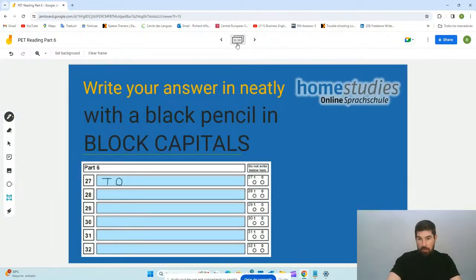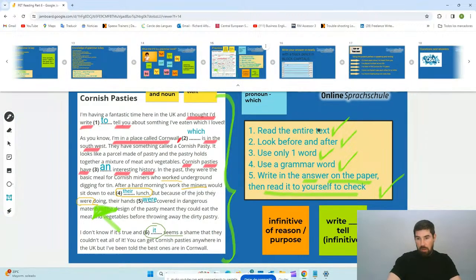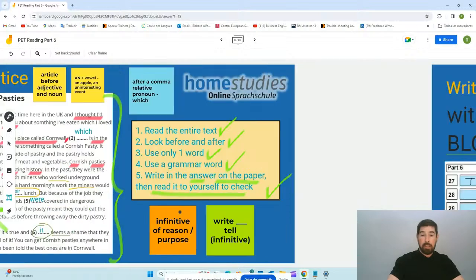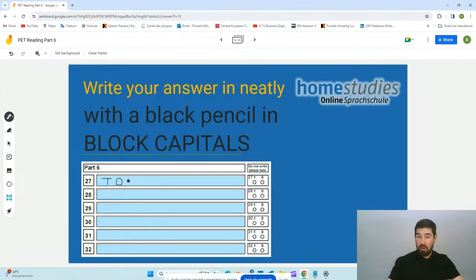So, in summary, part 6. To do it as fast and efficiently as possible, read the text, 1 minute. Look at your before and after to help you form a global picture of the grammar. Use one word, only a grammar word, a word which is part of a grammatical function. Write your answer in the paper, read it to yourself. When you're happy, go across to your answer sheet and write it in.